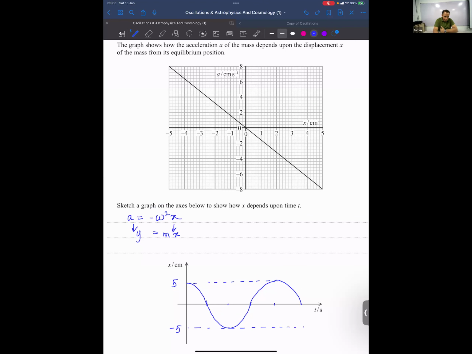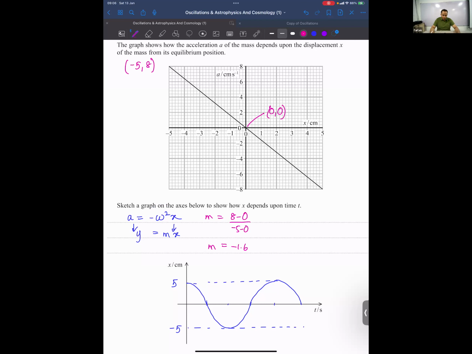If I find the gradient of this graph by taking this point, the coordinate is minus 5, 8, and here the coordinate is 0, 0. Gradient of the graph is 8 minus 0 over minus 5 minus 0, which is minus 1.6.